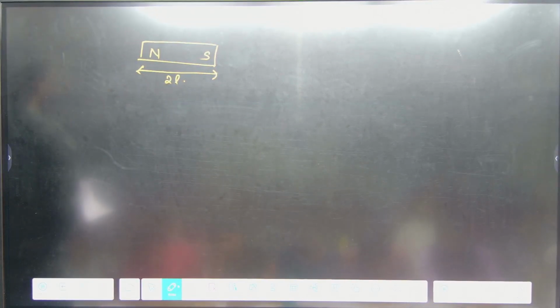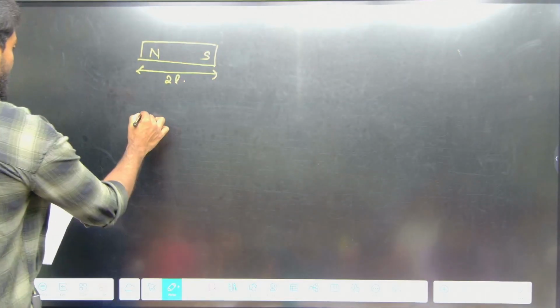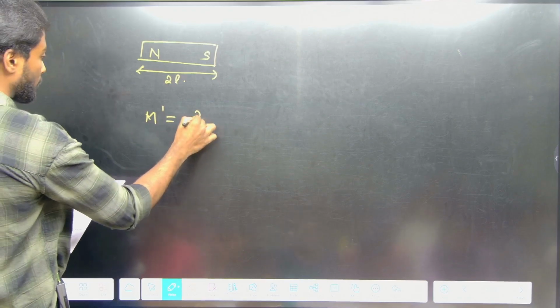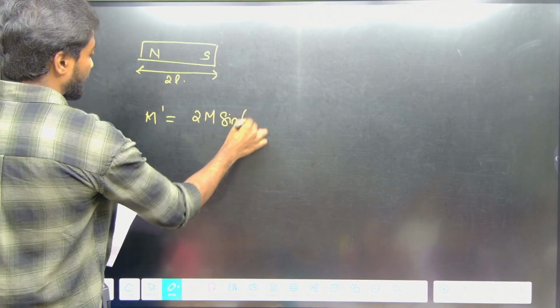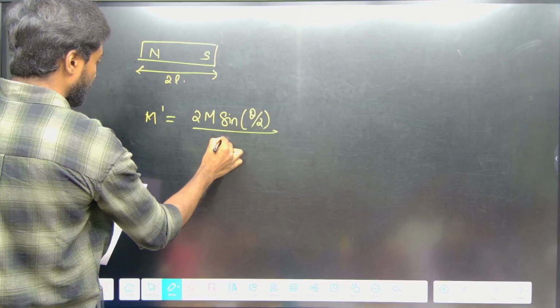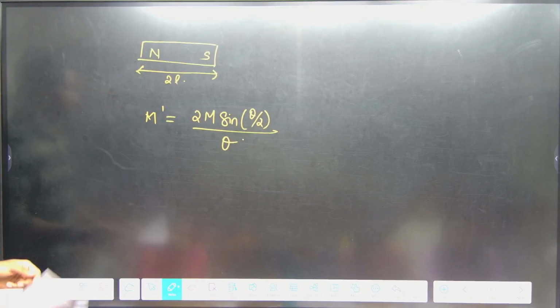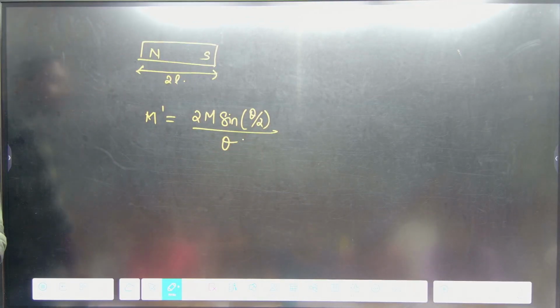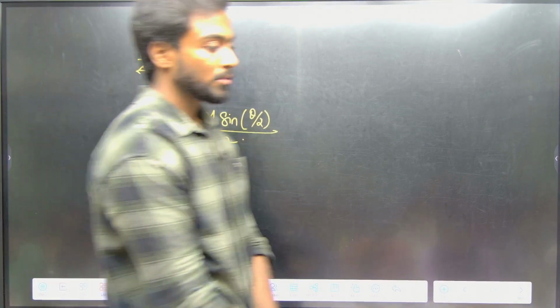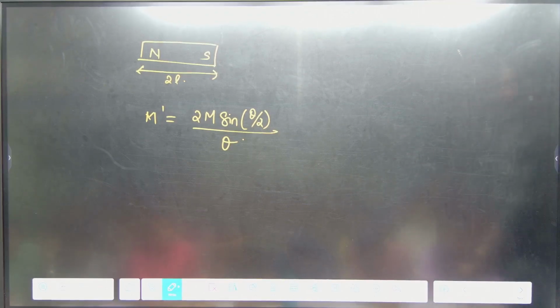Then the new magnetic dipole moment M dash will be equal to 2M sin theta by 2 by theta, where theta is in radians.